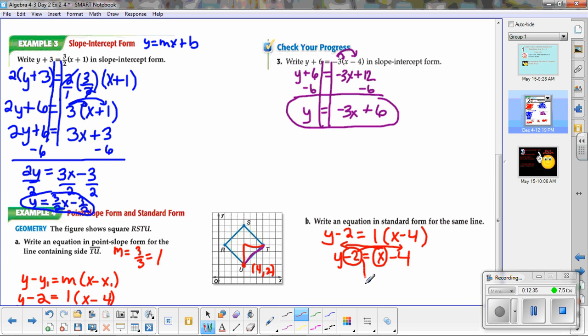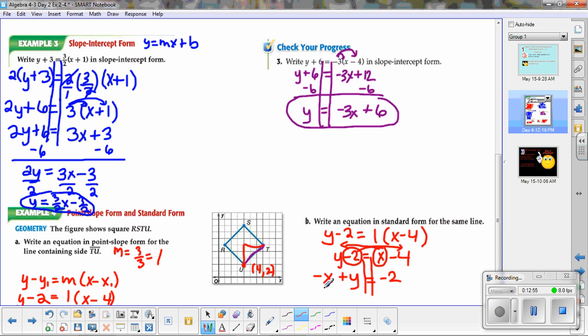And remember, when you cross the line, you change the sign. So this x, when I move it over, becomes a negative x. And then I have a plus y. And then on the other side, I moved the negative 2 over, and it became a positive 2. So negative 4 plus 2 is a negative 2.